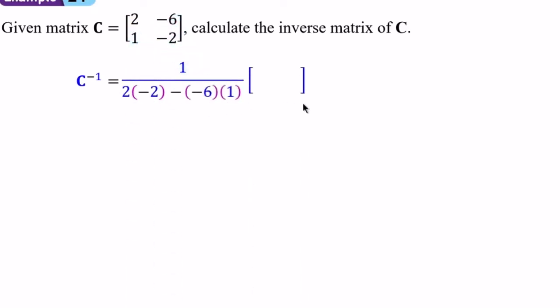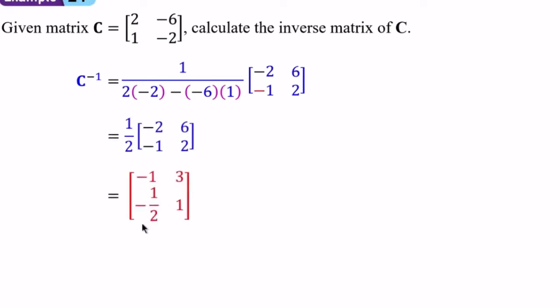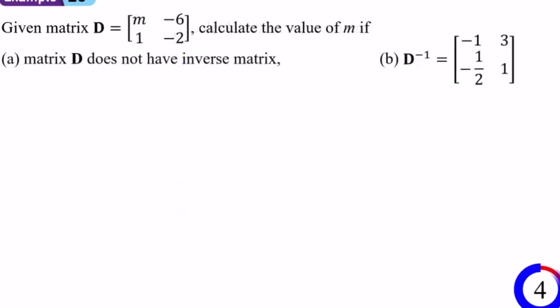This is the determinant, and the 2 and negative 2 have to change position, and the signs have to change, becoming 6 and negative 1. So we use the formula and simplify to a single matrix, which is negative 1, 3, negative 1 over 2, 1.